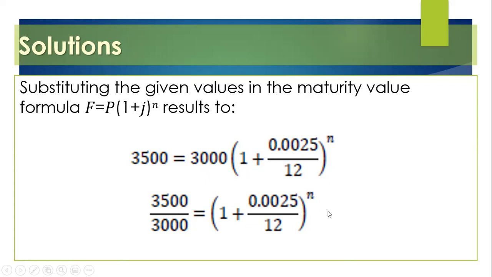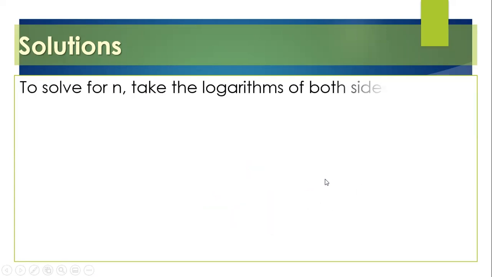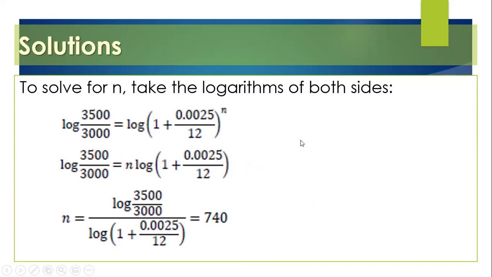So ang hiwalay natin is yung n. To solve for n, let's take the logarithms both sides. So logarithm of 3,500 over 3,000 is equal to logarithm of 1 plus 0.0025 over 12 raised to n. So bababa yung n. So makakompute natin yung n, nahiwalay na natin.